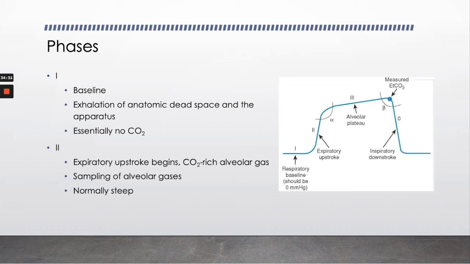So if the patient has a rapid breathing response, if any of those three things are happening, you would see it become more slanted. Your alpha angle would start to flatten out. Gas flow may be obstructed in the breathing system by a kinked endotracheal tube, or within the patient's airway, such as with COPD or bronchospasm.